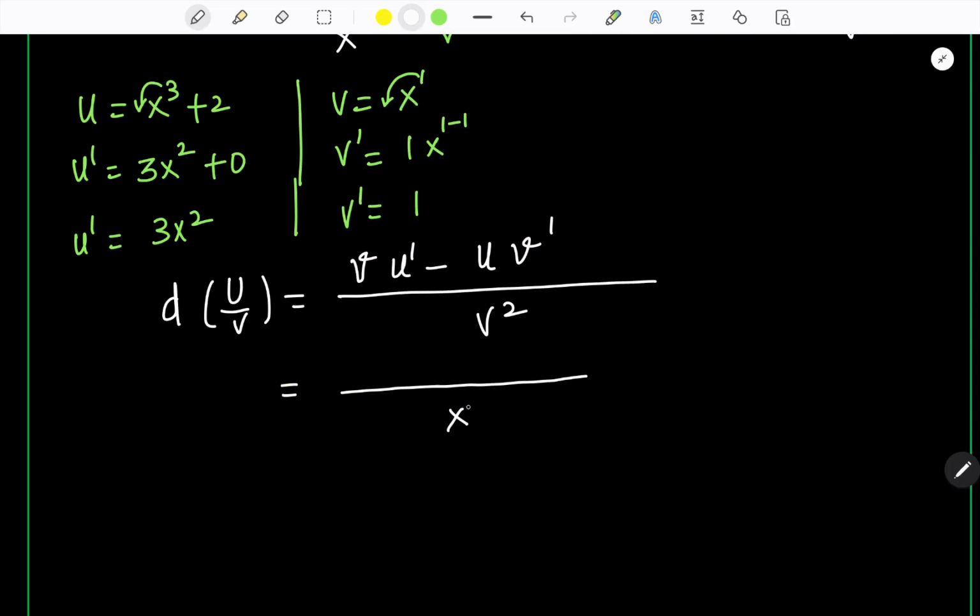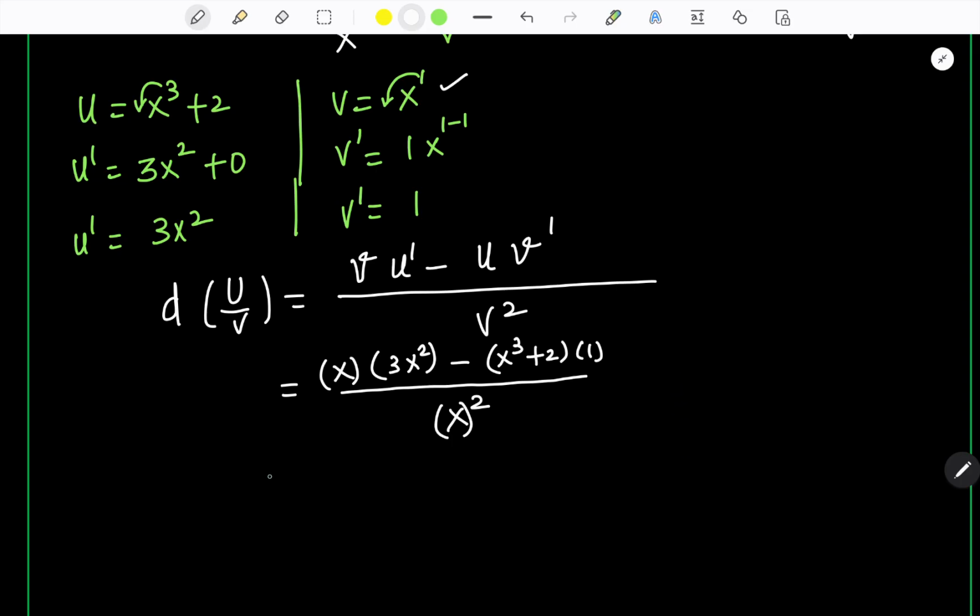What is your v? v is x to the power of 2. This is v square, x square, and then u dash, 3x square, minus u. U is x cube plus 2. And v dash is 1.